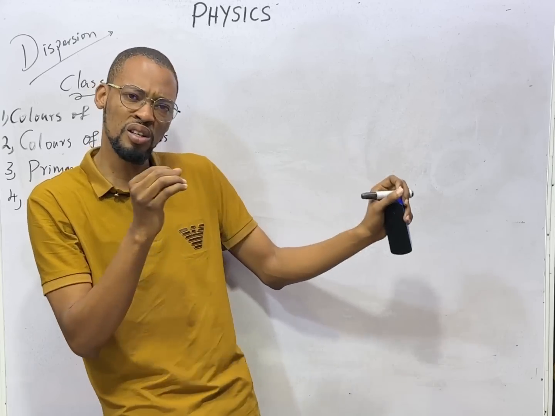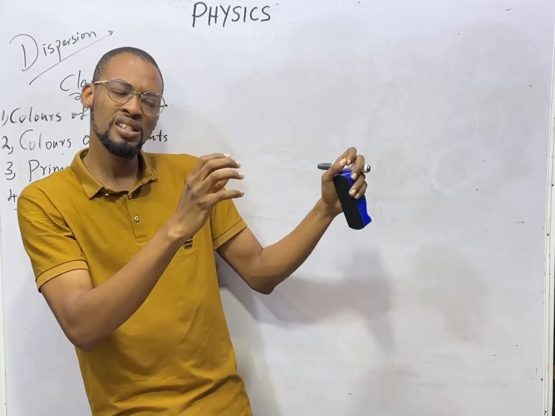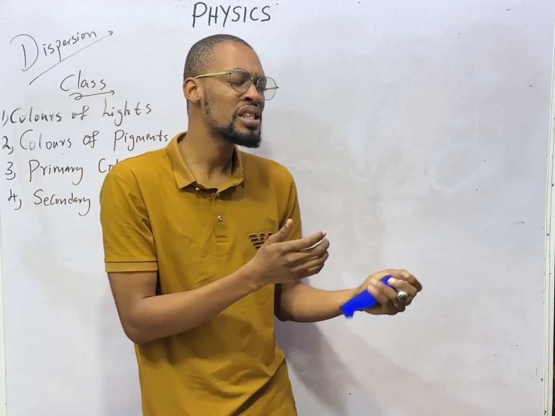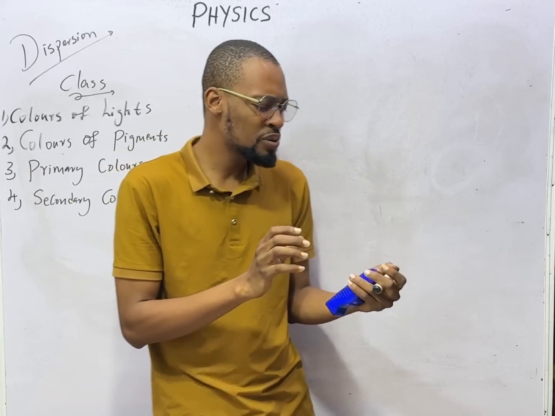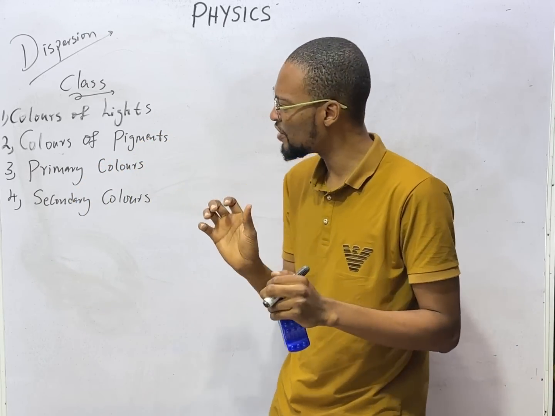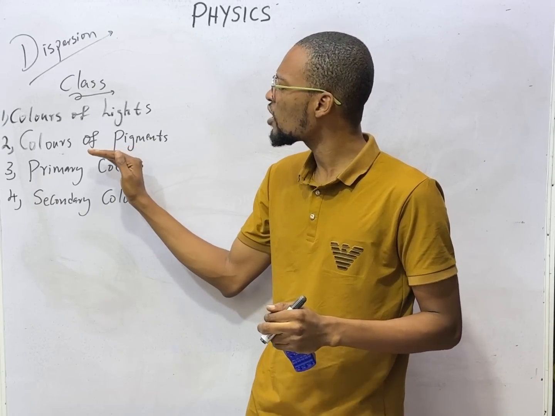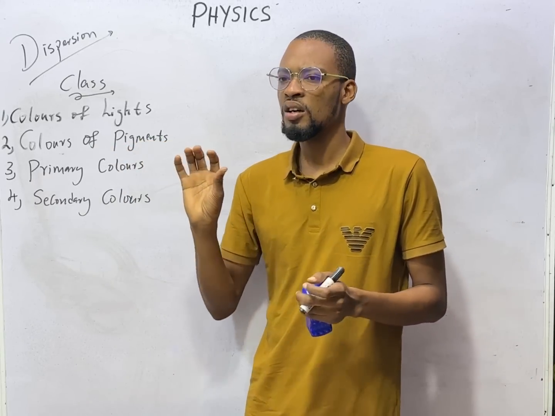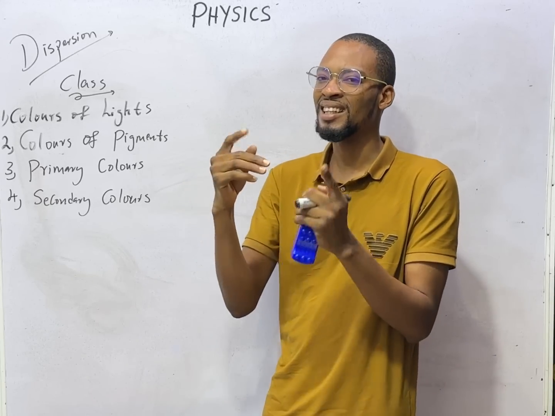Now, if some of the colors are absorbed and others are reflected, you see a particular color. You'll see that soon under color mixing and a lot of things. I told you this class is going to be a very interesting one. Now look at this. The colors of pigments are colors that are produced or reflected other than light.